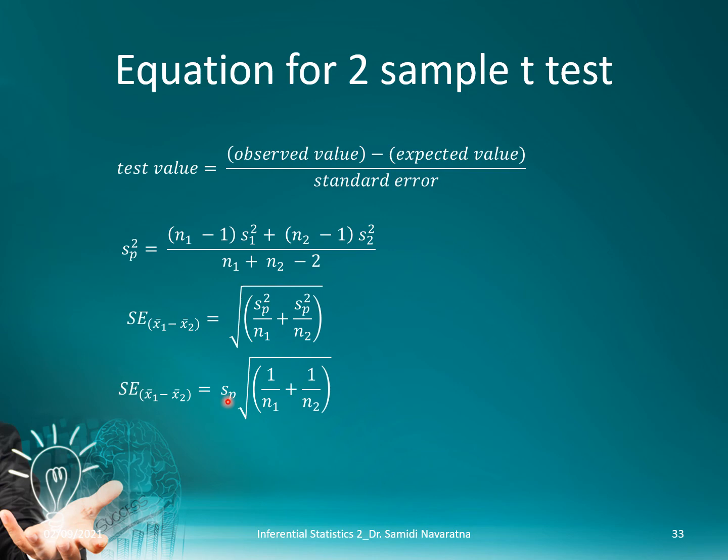It can be calculated by multiplying the pooled standard deviation by the square root of 1 divided by the first sample size plus 1 divided by the second sample size. So the t statistic can be found by taking the difference between the sample means and dividing it by the standard error of the difference of sample means.